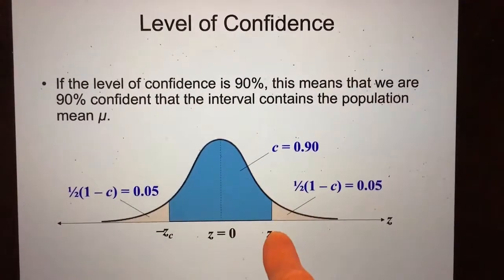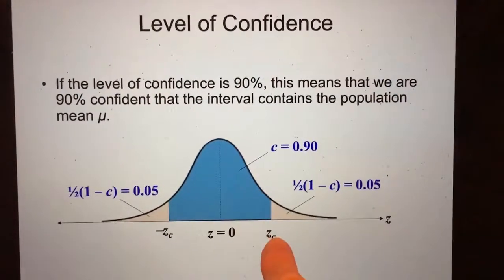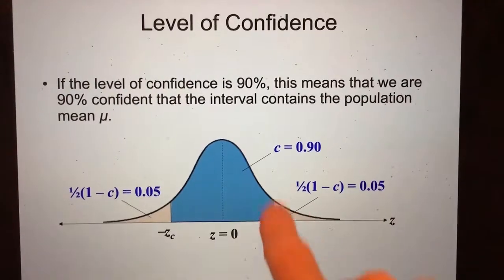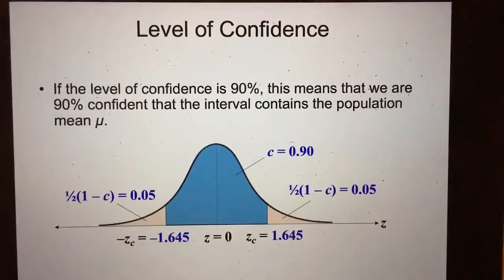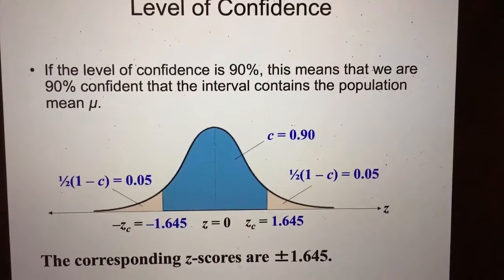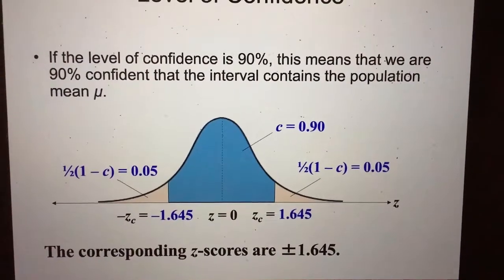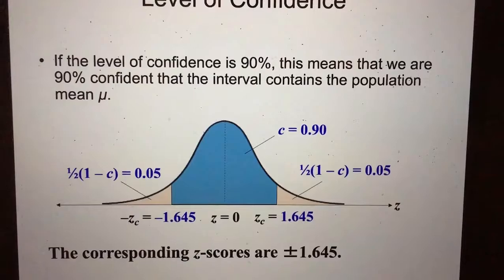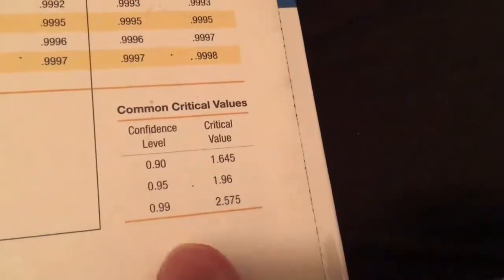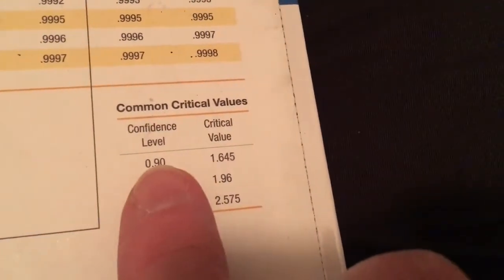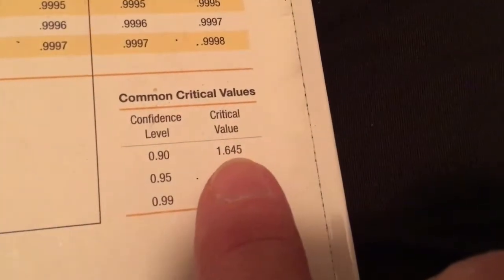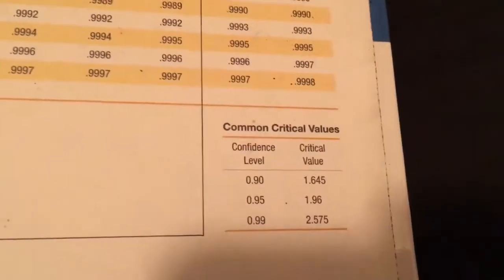And then we would have to go to our table and find the z-score for the 5% to get the critical value that goes with it. Okay, so when we look at our table, we get 1.645, or remember down here on the right-hand side, the bottom of your table, you have common critical values, and there's the 90, and there's the 1.645. So there's your whole table, but you have this little cheat sheet down at the bottom right-hand corner.